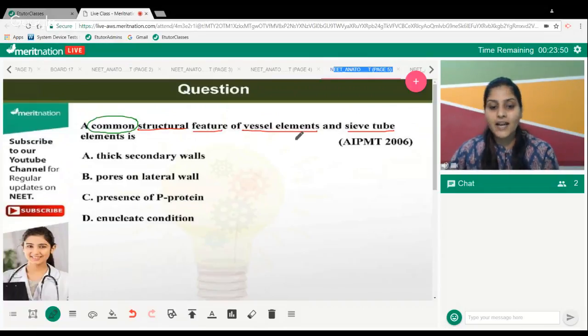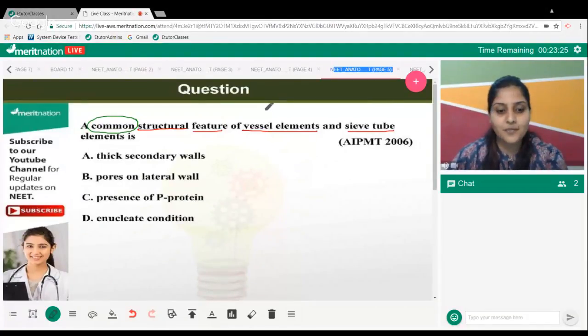Now you tell me one thing, sieve tubes and vessel elements, which one is belonging to whom? Vessel elements belong to xylem or phloem? First, you answer me this. This is just an oral test going on, a question within a question. So it belongs to xylem.